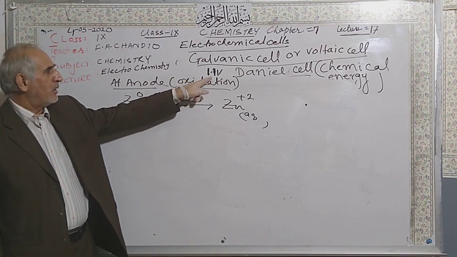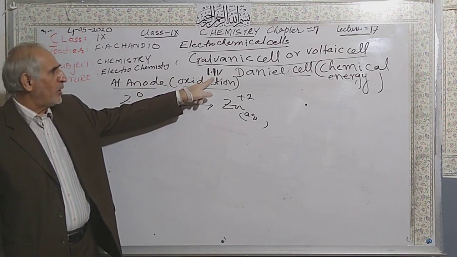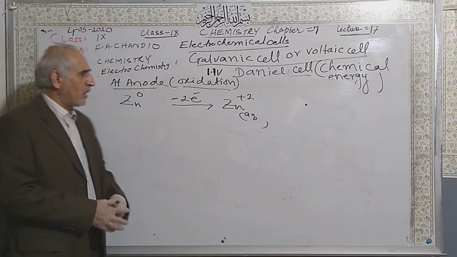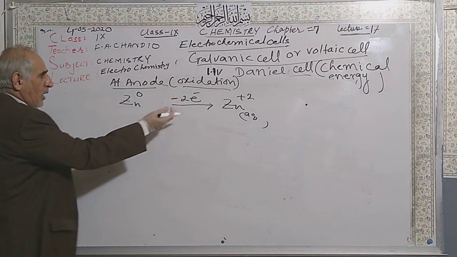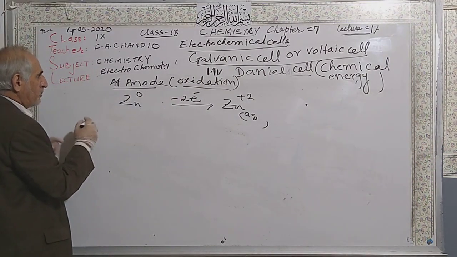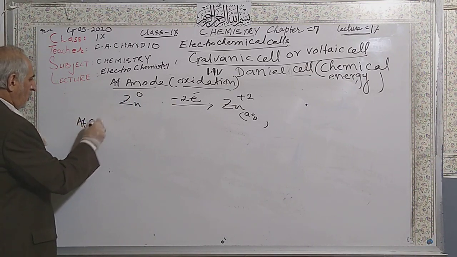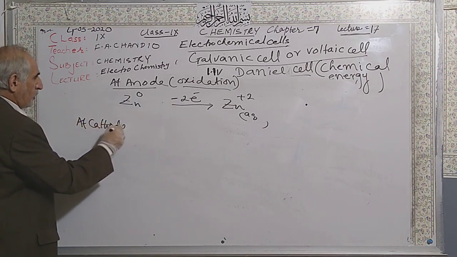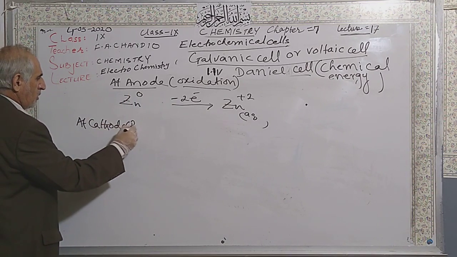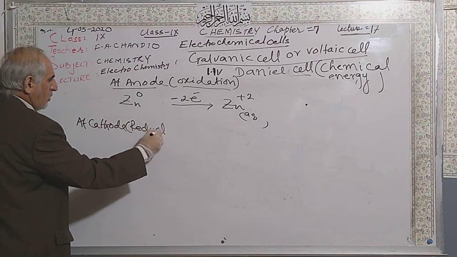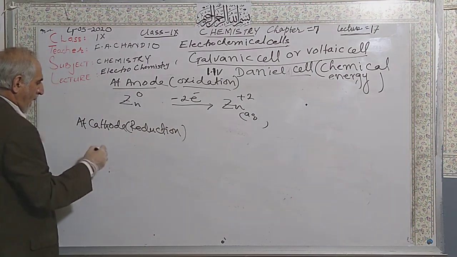So total voltage 1.1 volt. This is the anode. Right? Cathode. There is reduction.